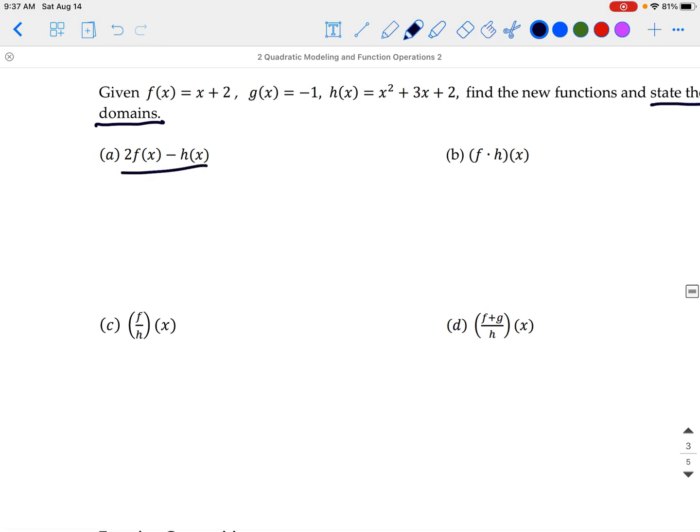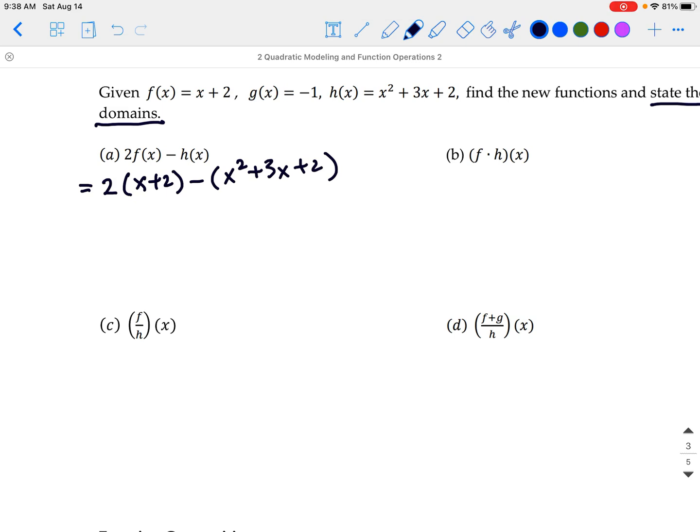So for part A, we're going to multiply f of x by 2, and h of x we're going to subtract. So what I recommend doing is just doing the substitution part first. So f of x is equal to x plus 2, so this is going to be 2 times the quantity x plus 2, minus h of x, which is this quadratic function, x squared plus 3x plus 2.